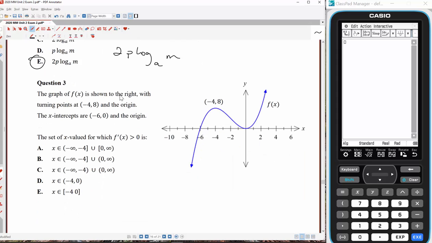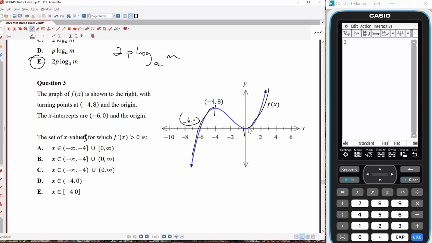Okay, graph showing turning points there and not a turning point there at the origin and -6, 0. The set of x values for which f dash x is greater than 0 is. So we want where this graph has a positive gradient, which is from there to there and there to there.